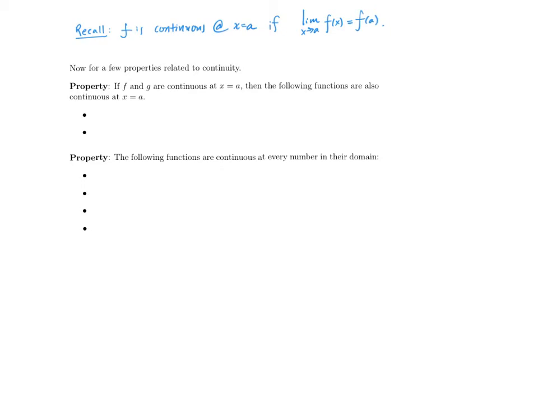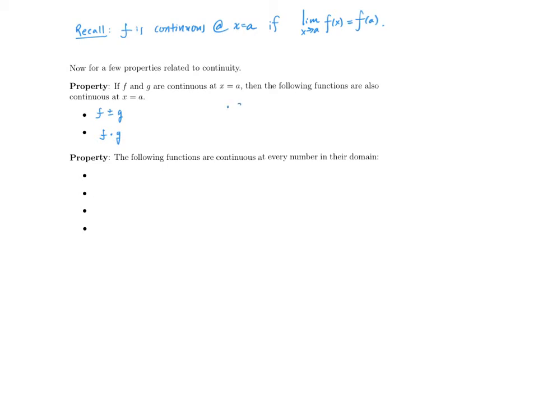So in terms of some properties, if you have two functions f and g and you know they are continuous at x equals a, there are many different natural ways that we would combine those functions together. For example, we might think of f plus g or even minus g, so f plus or minus g. You might multiply the two functions together.